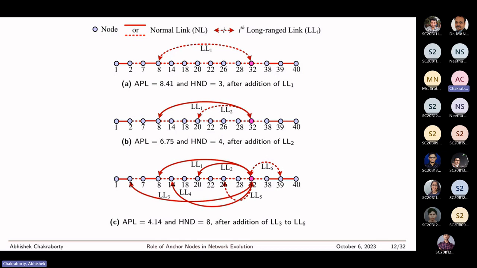Now, after adding many LLs, it may happen that node 32 will be exhausted. Then the next anchor node will start attracting the remaining links, and like that, until the entire network is fully connected, so any node can be reached by any node directly.